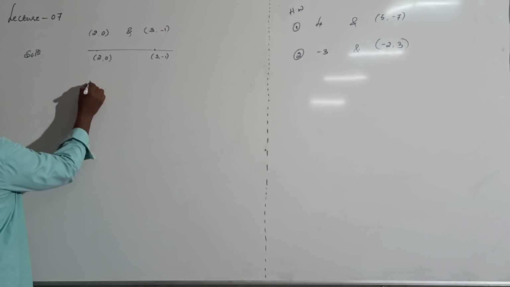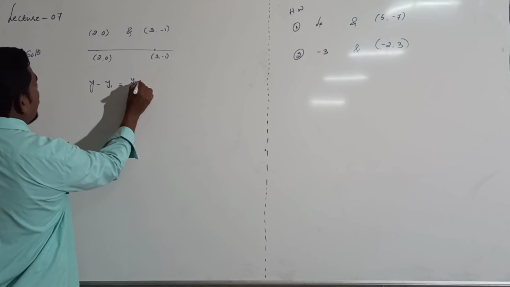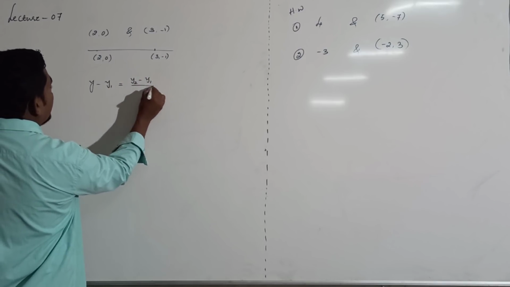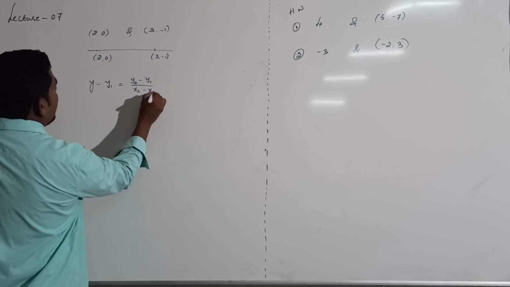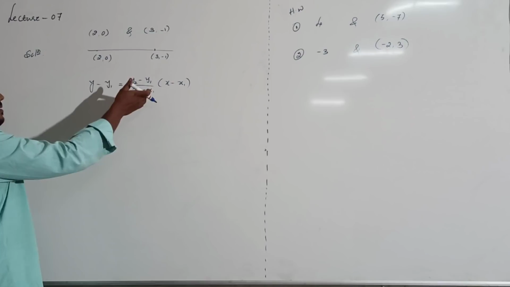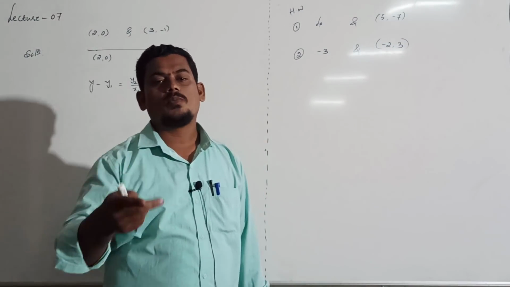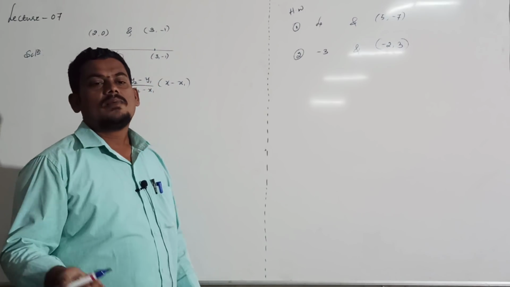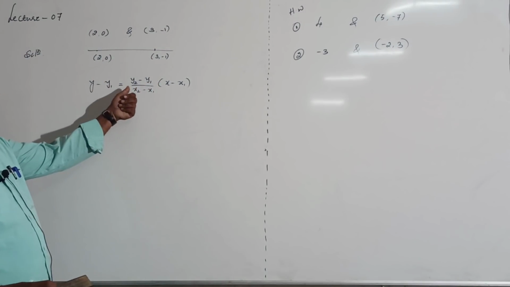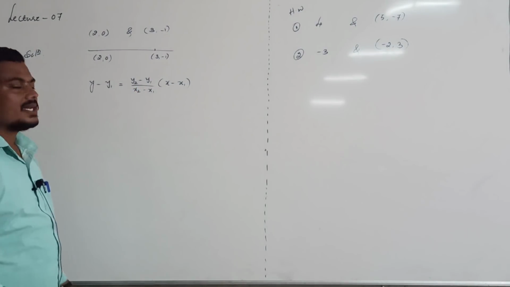Just write the formula. y minus y1 is equal to (y2 minus y1) divided by (x2 minus x1) into (x minus x1), right? Why? Because 2 points on the line are given. 2-point formula.